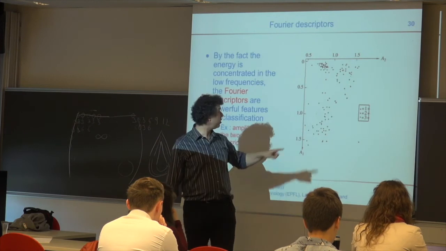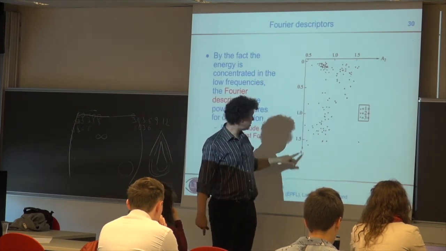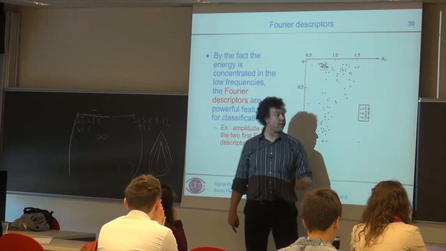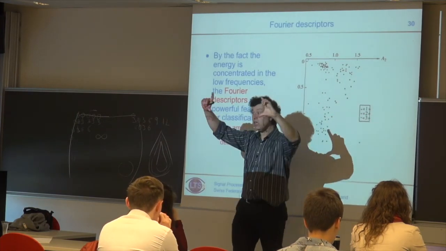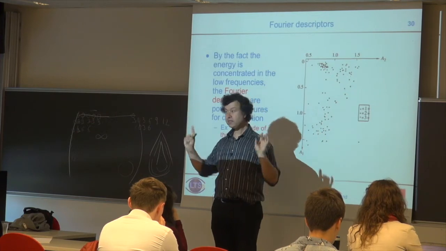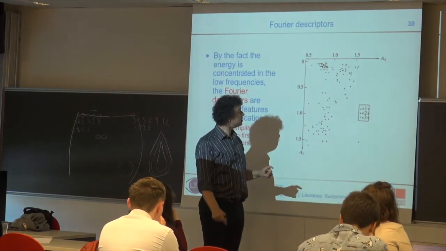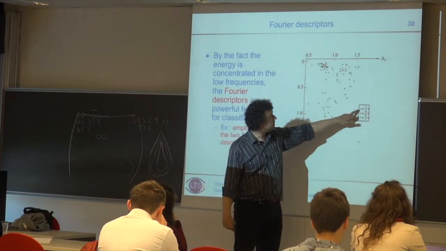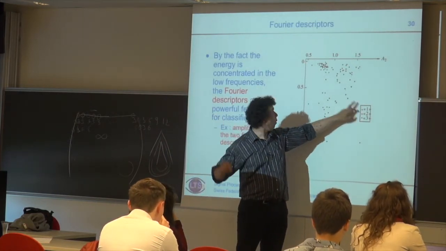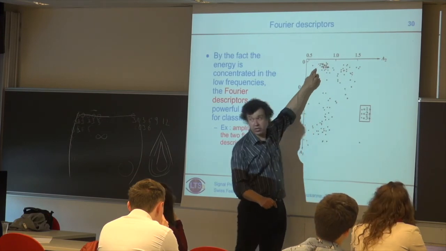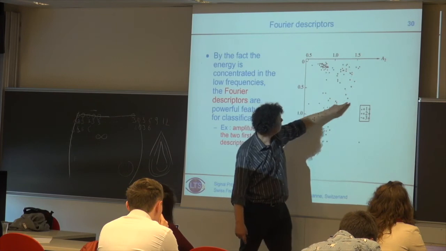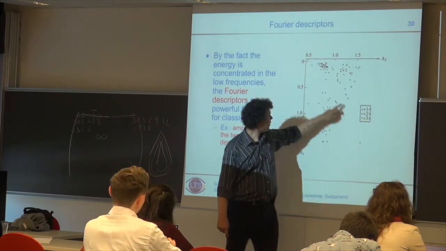So each point in this 2D space, which is the amplitude of the first coefficient and the amplitude of the second coefficient, each point is actually one of my images. Yes or not? And what you see is that with only those 2 coefficients, all those that were actually written as 1 nicely cluster here. All the 2s nicely clustered, I don't know where, here, and the 3s here.